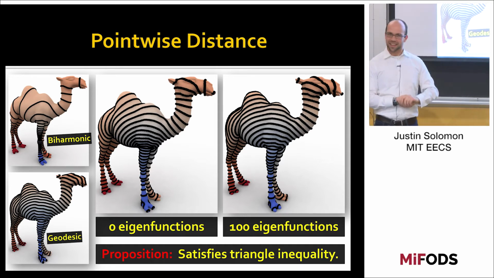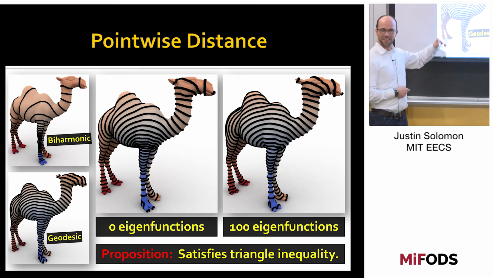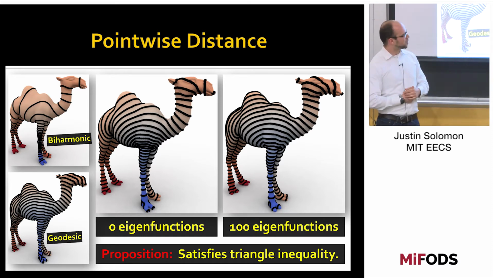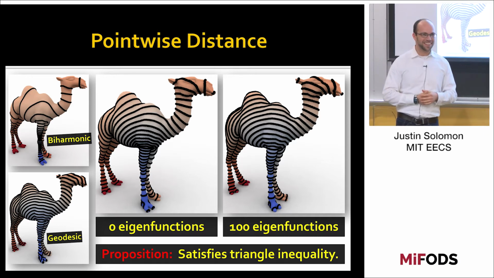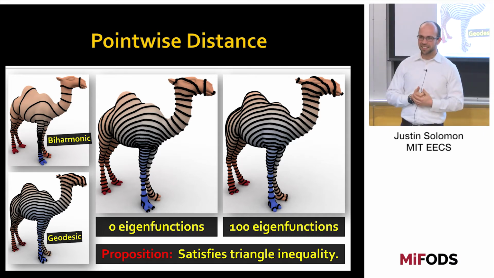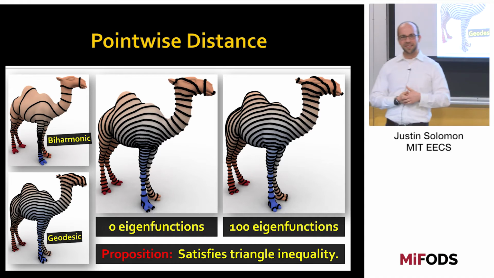The really surprising thing is that this is actually competitive with state-of-the-art geodesic distance approximation on a surface, which caught us by surprise. We thought this was going to be a fun side project, and it actually is quite effective and kind of an easy way to carry out a computation like this.